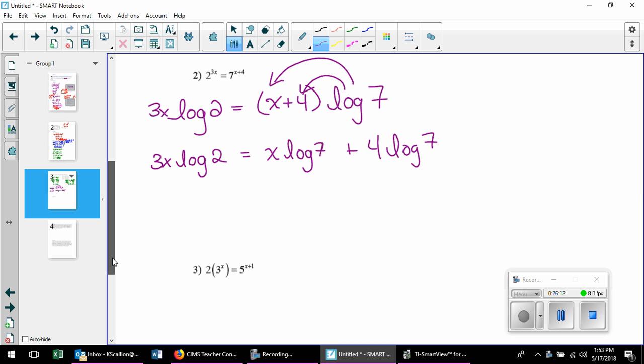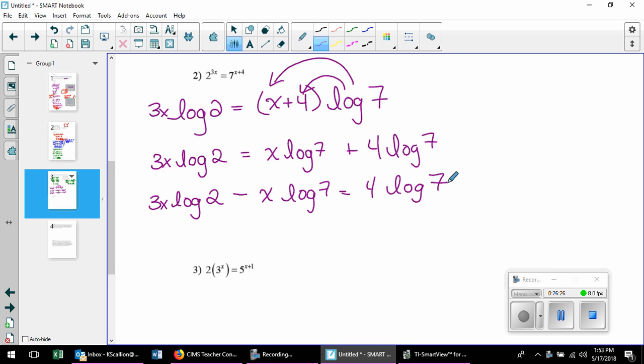So I'm going to bring all the x's to the left-hand side. So I got 3x log 2 minus x log 7 equals 4 log 7. Can I subtract these and get 2x? The arguments are different, so I can't subtract them.